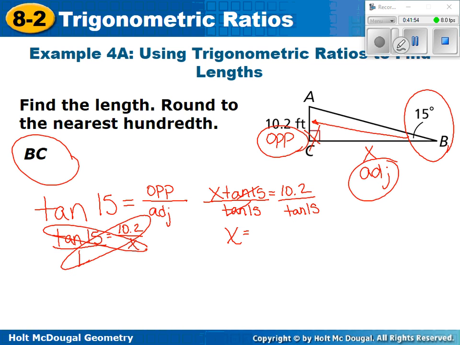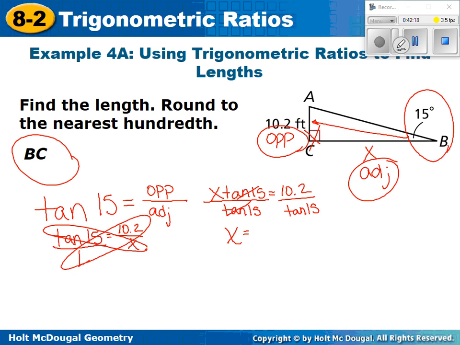That's what 15 tangent is. Now you hit, oops, I don't know what I typed in. 10.2 divided by 15 tangent, and then hit equals. Is that making sense? Okay. And again, if you have trouble, that's something I can help you with over the phone or before it's due, whatever. Okay. Let's try another one.